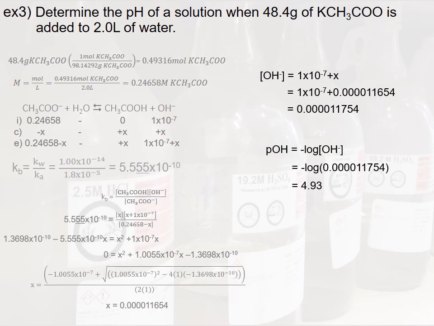And we know that pOH plus pH equals 14, so pH is equal to 14 subtract that pOH, and that gives me a pH of 9.07.